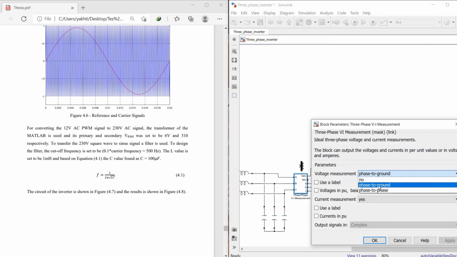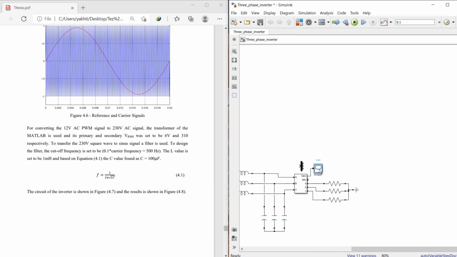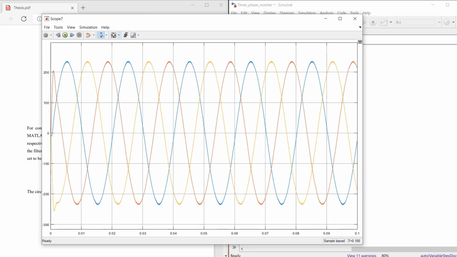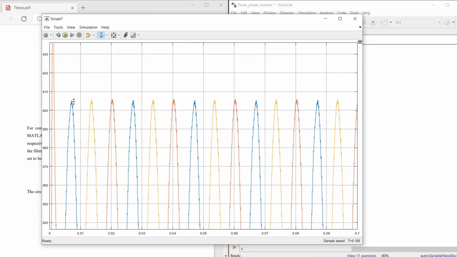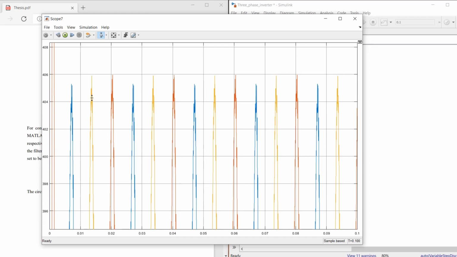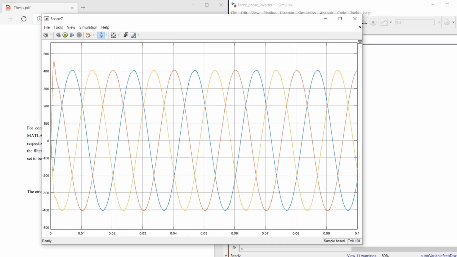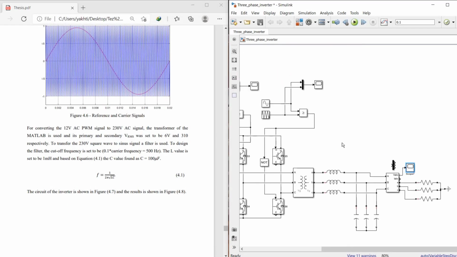And if we look at the phase to phase voltage, we can see that it is approximately 400 volts, 405 volts. And by that, I finalized the project.